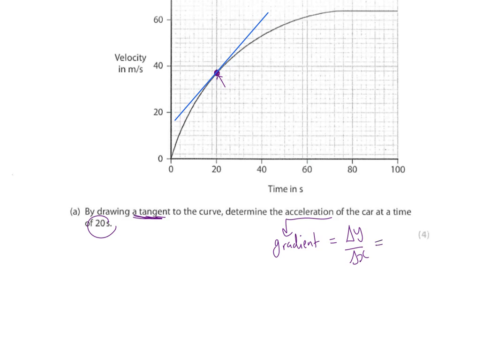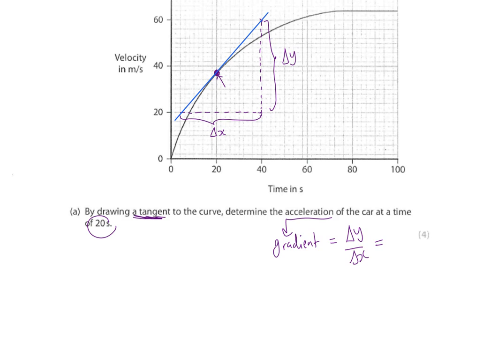Now, where's my change in y? My change in y is going to be here. So this here is my change in y, and then my change in x would be from here. So this here would be my change in x.